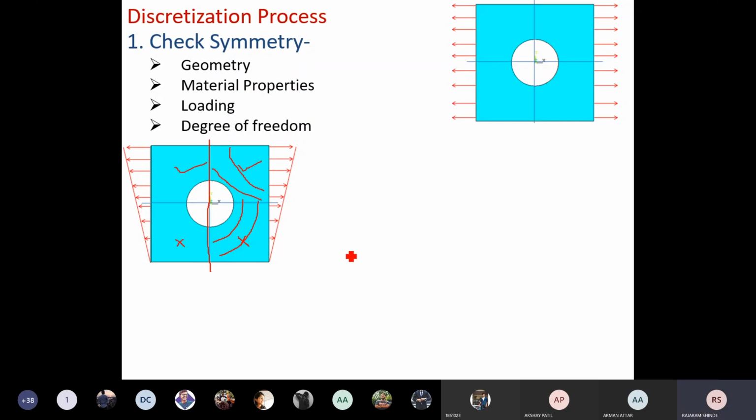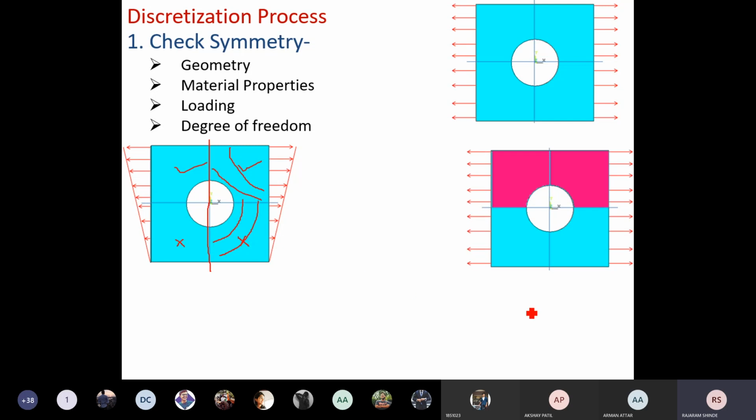Now I will take one more example. You see here this one. Here I have used two colors. Meaning of these two colors is, here geometry is symmetric. This geometry and this geometry, and this geometry, these four parts of the geometry are symmetric about vertical as well as horizontal axis. But what is the other thing in the problem?